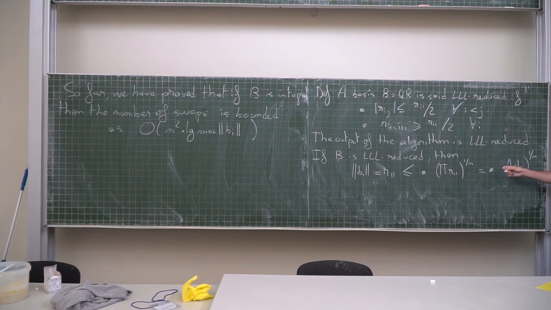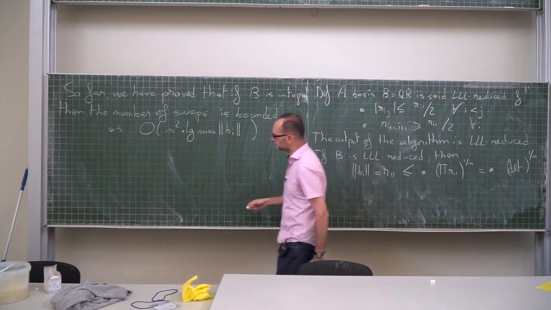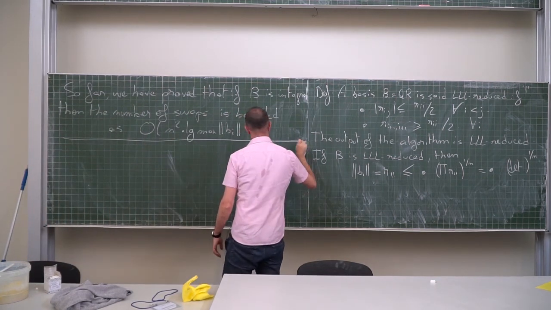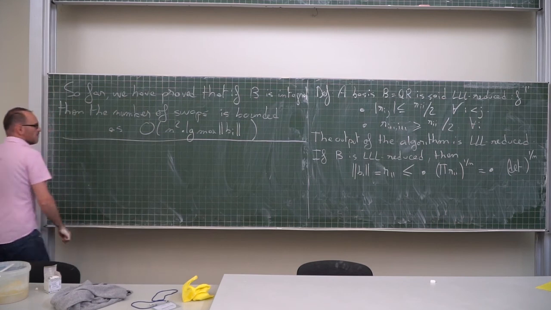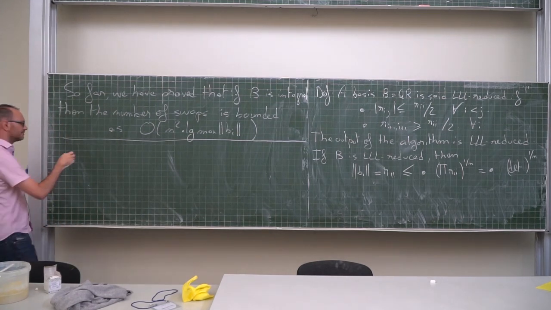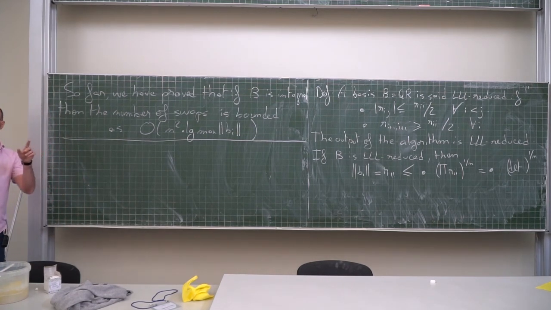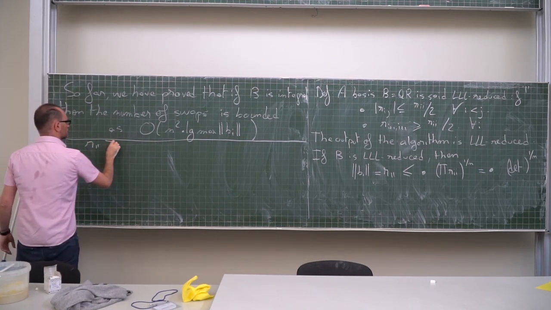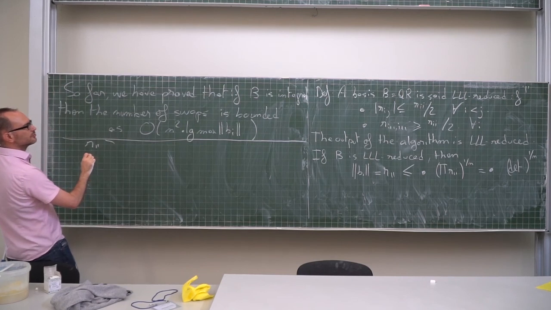Okay, so let me compute this coefficient. I have that between i and i plus 1, it cannot decrease by more than a factor 2. So between 1 and i, it cannot decrease by more than a factor 2 to the i minus 1.